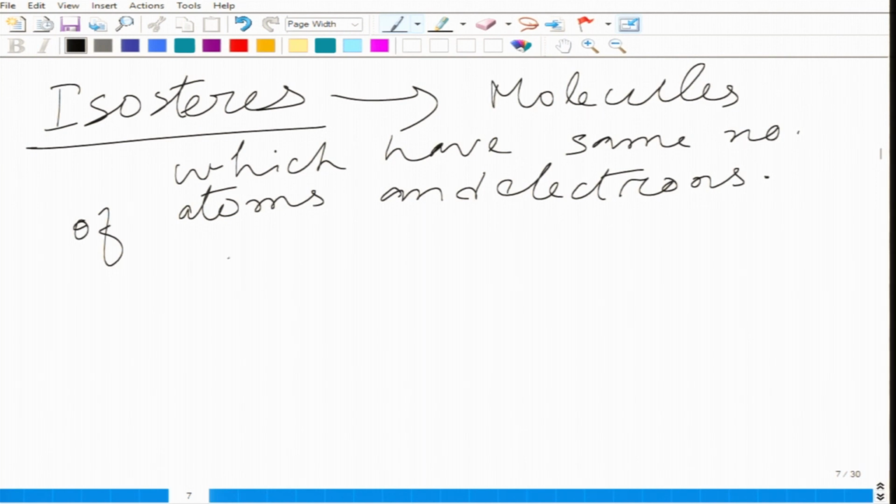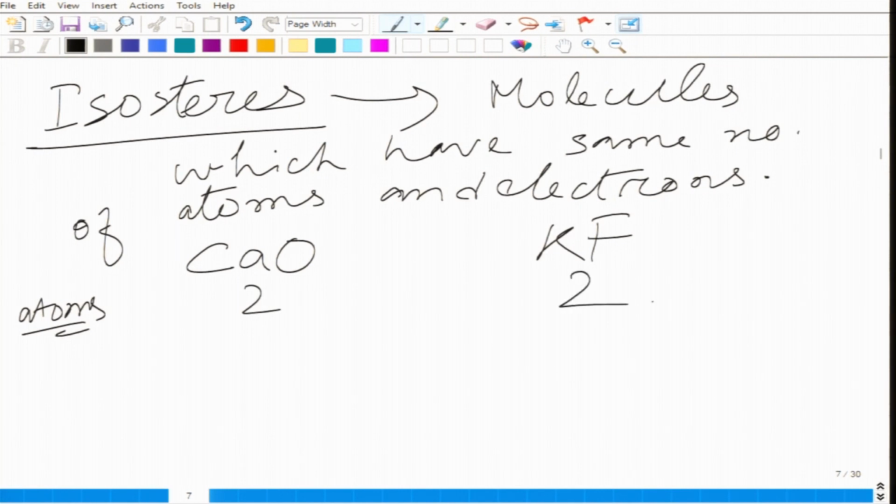Let's do an example, that is calcium oxide, CaO, and potassium fluoride, KF. What is the number of atoms? Calcium and oxygen, that is 2, and here also 2. So the number of atoms is the same. Now what is the number of electrons?